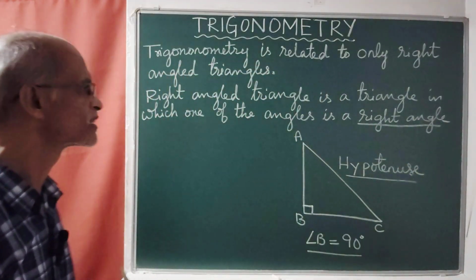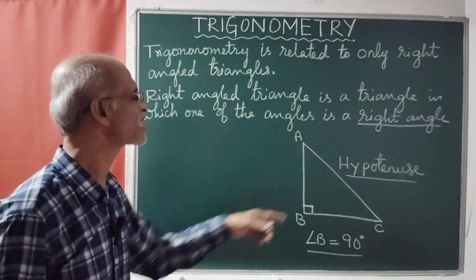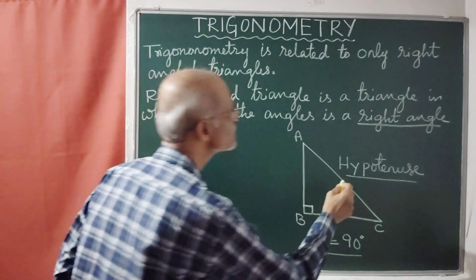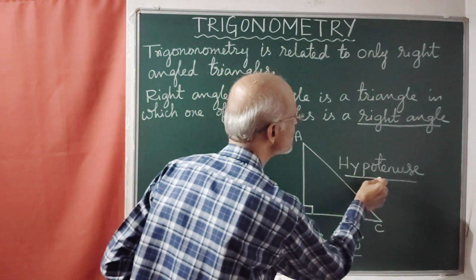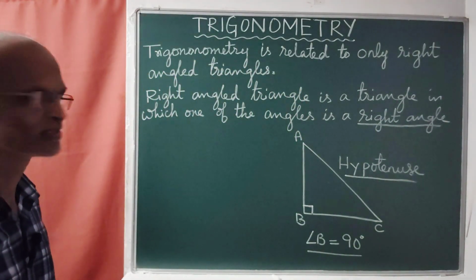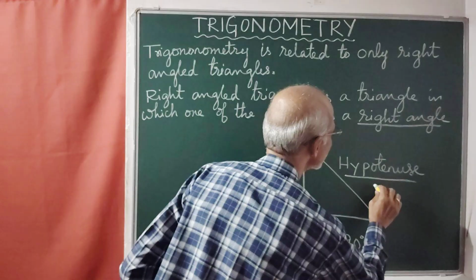Hypotenuse is the longest side of a right angle triangle. It is the longest side.